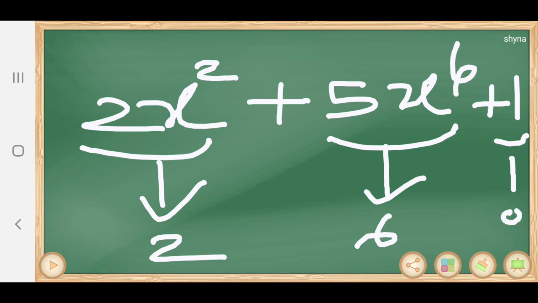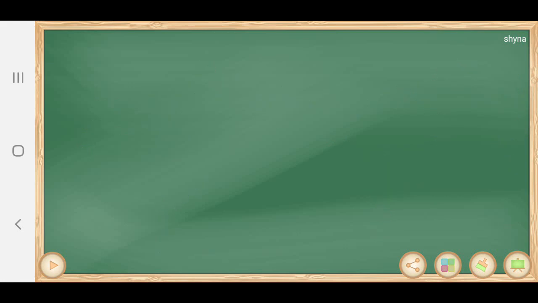Which is the highest power? 6. So 6 is the degree of this polynomial. The highest power of the variable is called the degree of the polynomial.